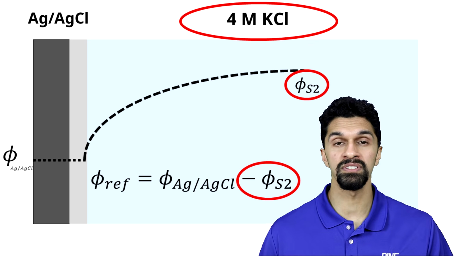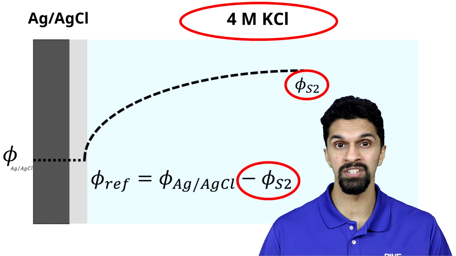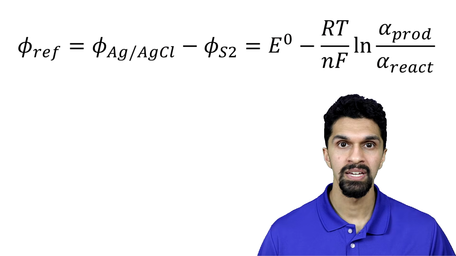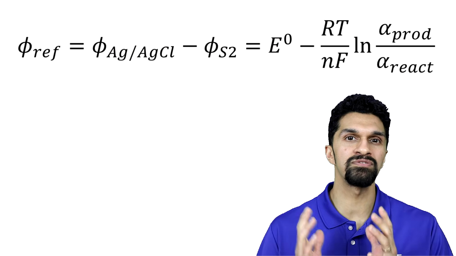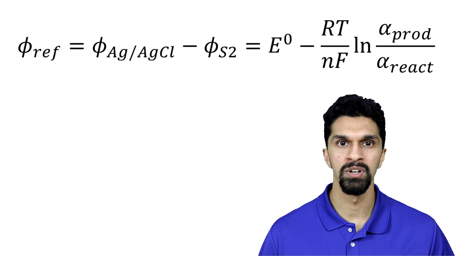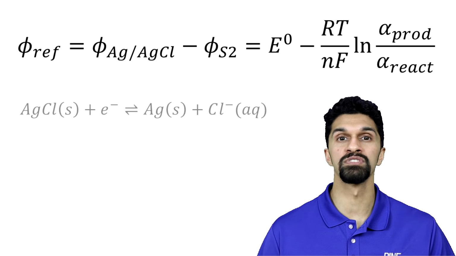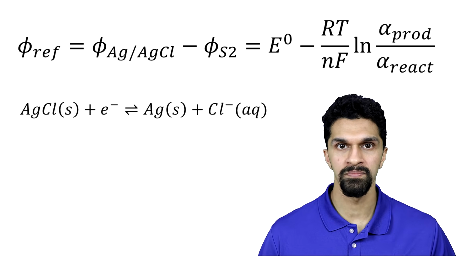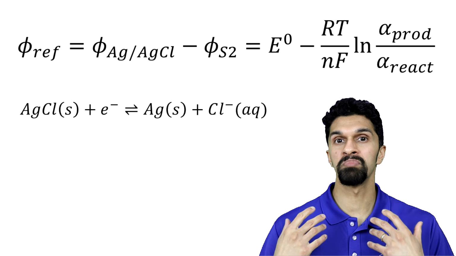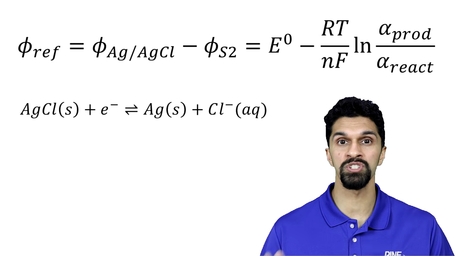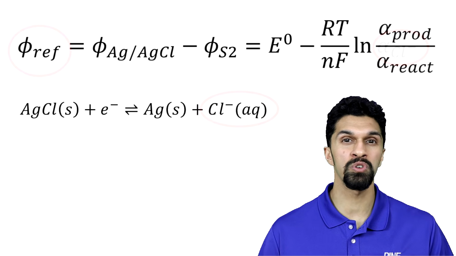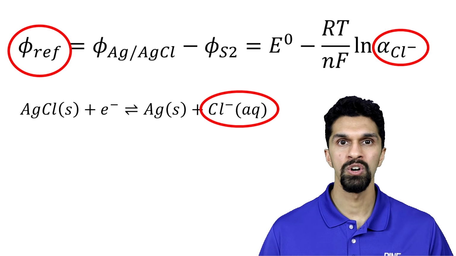This potential difference is also equal to the potential governed by the Nernst equation, except instead of using the ferri-ferrocyanide redox couple, we'll be using the silver-silver chloride redox reaction. In this case, the potential of the reference electrode will change as a function of the chloride ion concentration or activity.